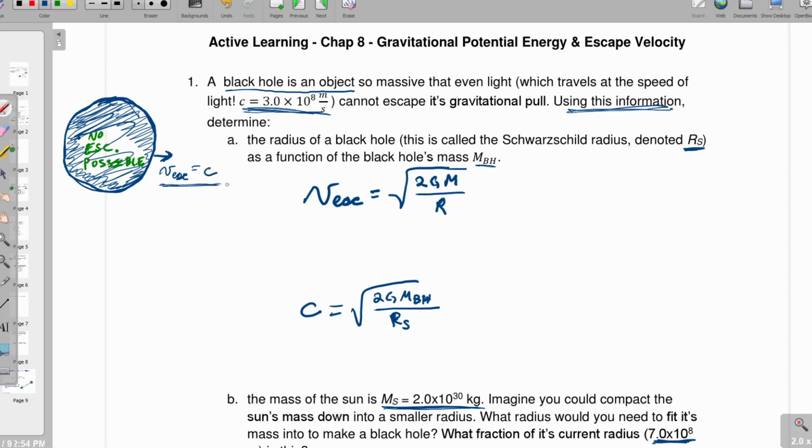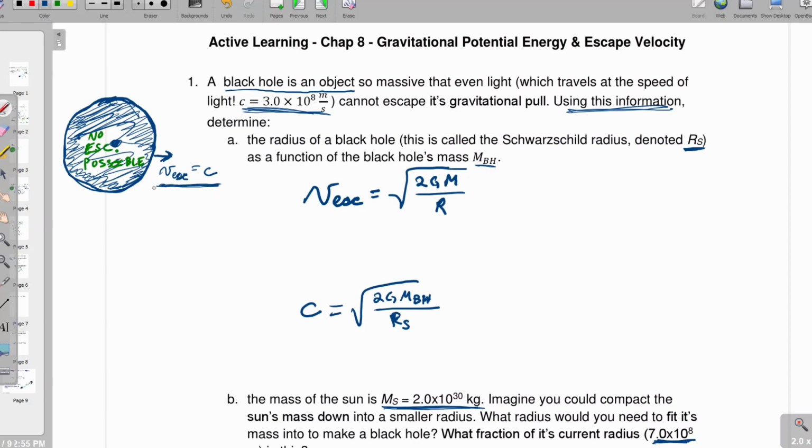Once you get out to the point where you're far enough away from the ridiculous amount of mass at the singularity of the black hole, you will eventually get to a point where the escape velocity is just equal to the speed of light, c.